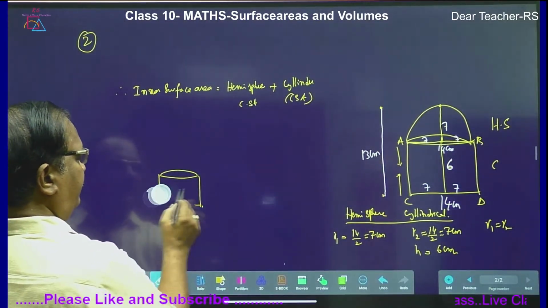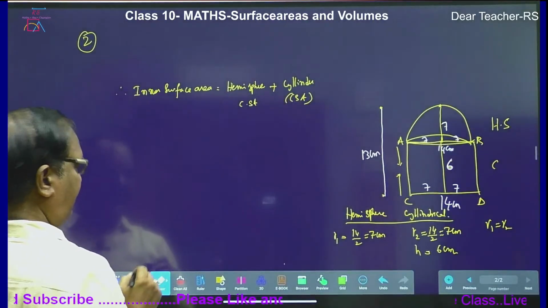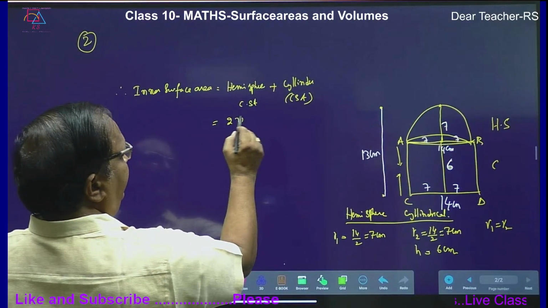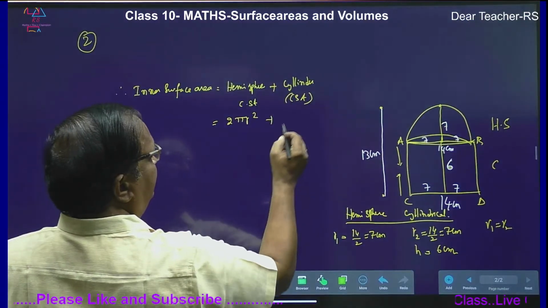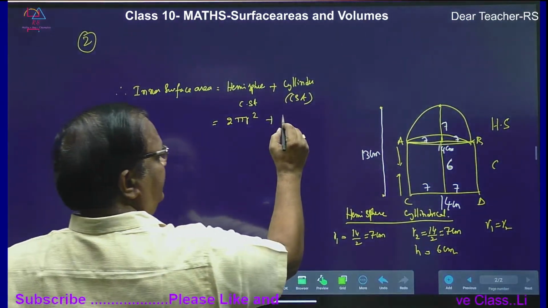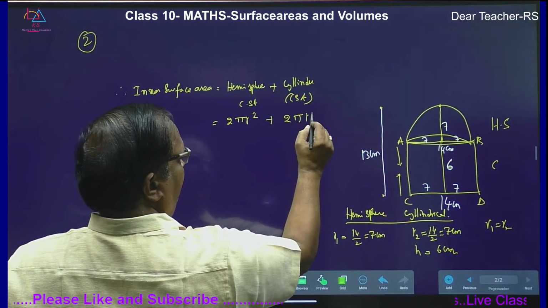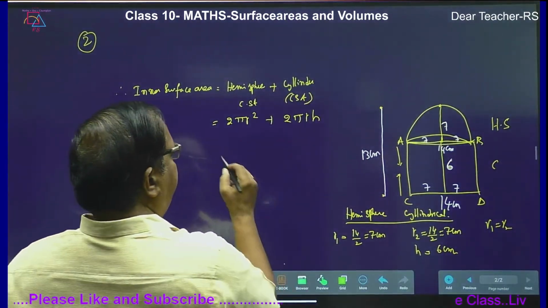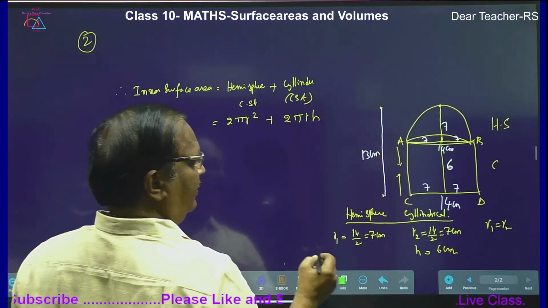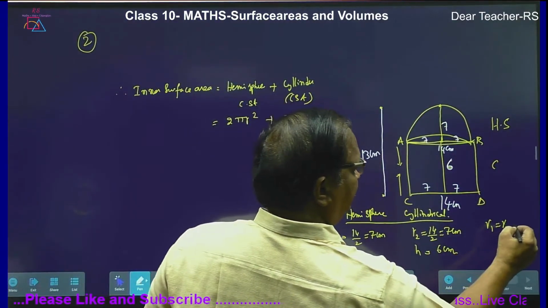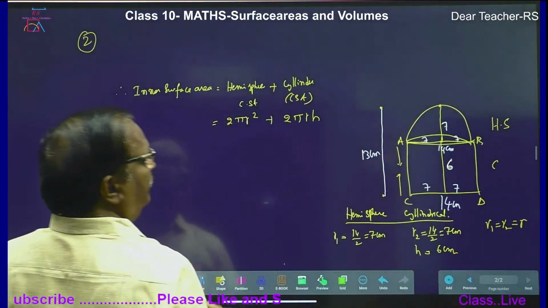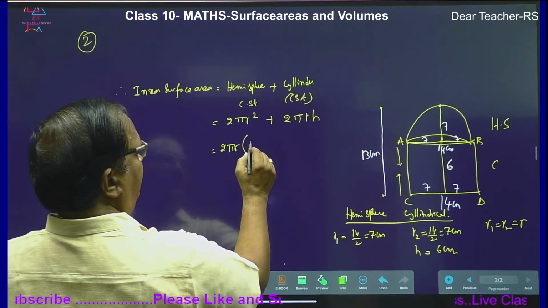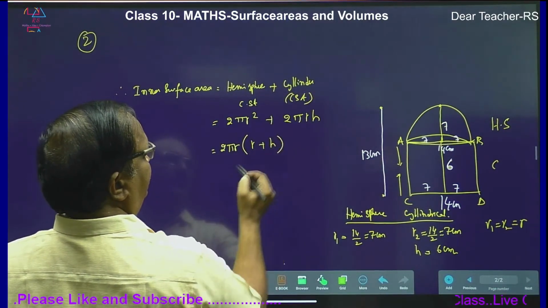So then let us put the formulas. Can you tell me the formulas here? Hemisphere CSA is 2 pi r square, and cylinder CSA is 2 pi r h. Both have the same radius, R1 is equal to R2 is equal to R. Let us take 2 pi r common, and r plus h.